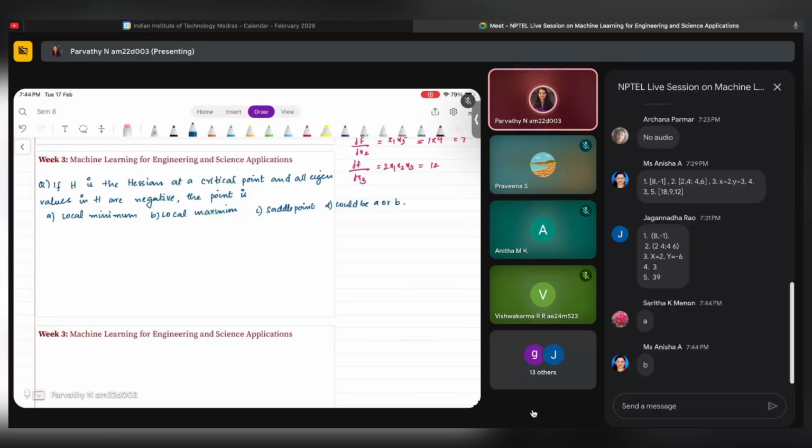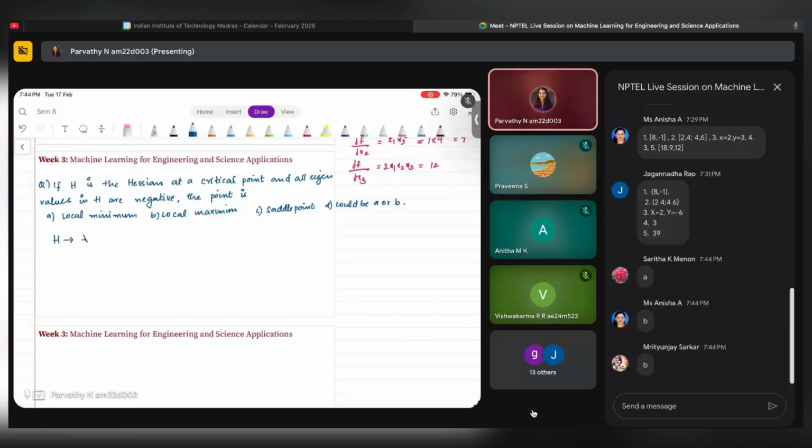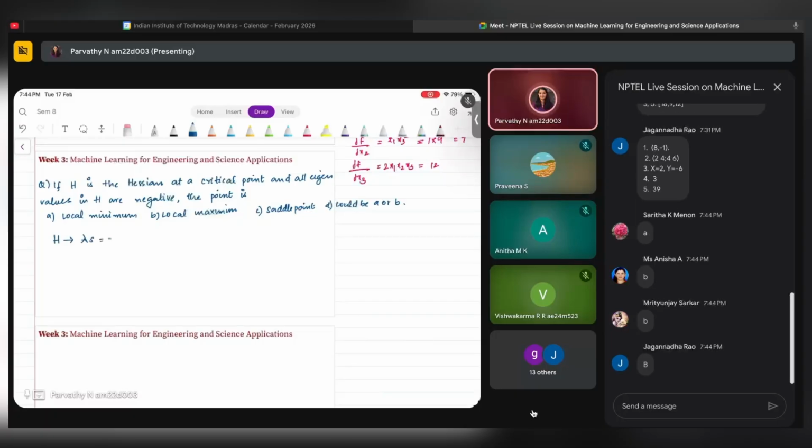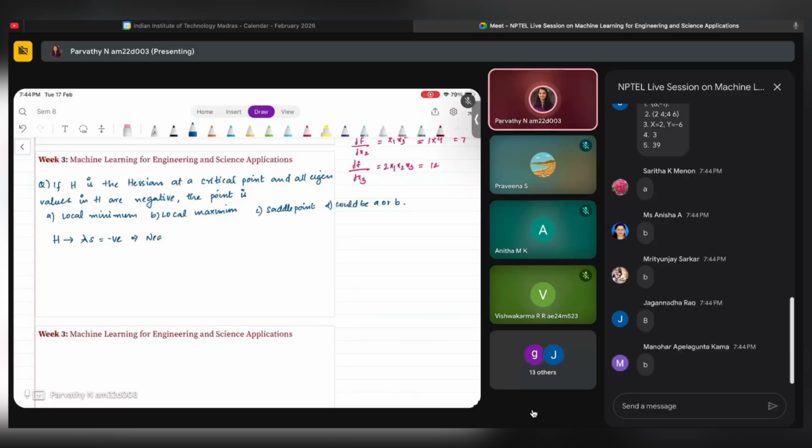H is the Hessian, and if all the eigenvalues are negative, that means this is a negative definite matrix. And when we have a negative definite matrix, the critical point will be a local maximum.